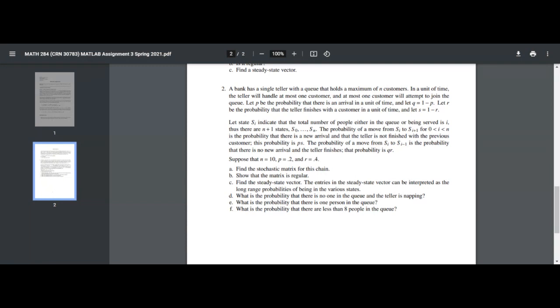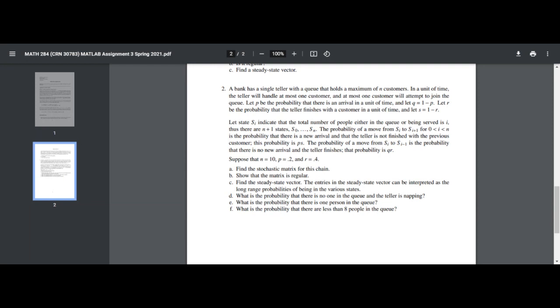So one thing in the problem, just in a nutshell: let's say there are 8 people waiting in line. If you don't want to think of a bank, think of Chick-fil-A or something.